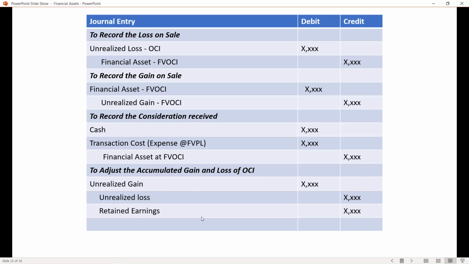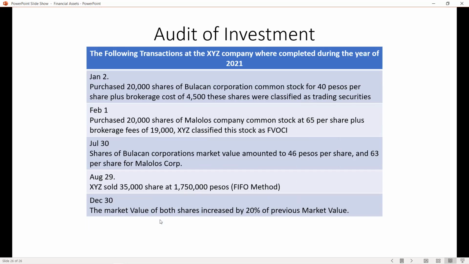Kapag mas malaki yung loss amount mo kaysa sa gain, malamang sa retained earnings mo nasa debit side, kasi loss minus gain is equals to retained earnings. Pag mas malaki si unrealized loss, i-debit mo si retained earnings. Pag mas malaki naman si unrealized gain, i-credit mo si retained earnings. So yun yung logic niyan.